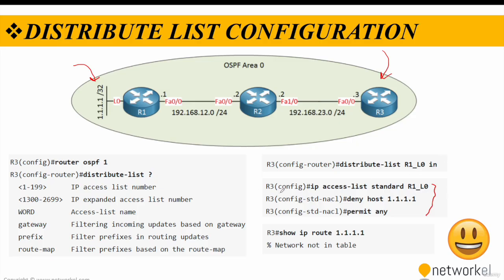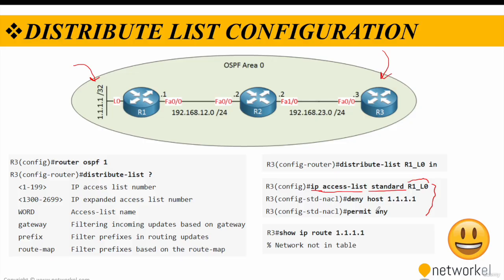Then I need to apply the same access list to my distribute list. So the configuration is, in router 3, I am defining an IP access list, ip access-list standard, and I am giving it a name, which is R1L0.